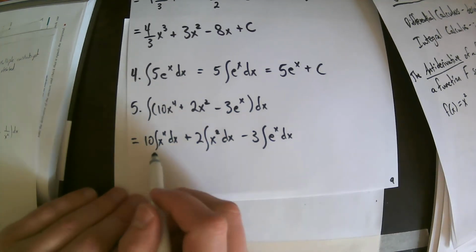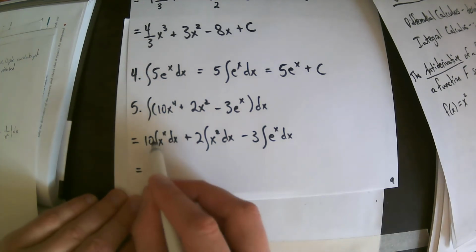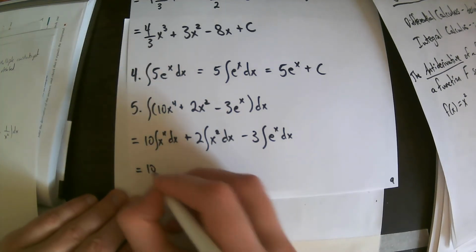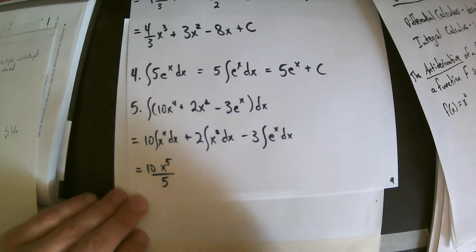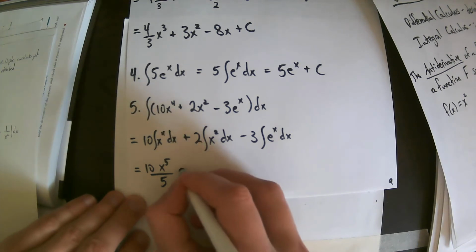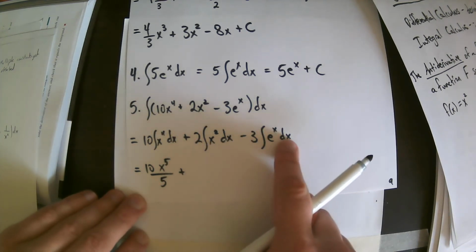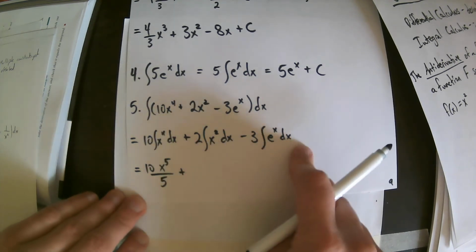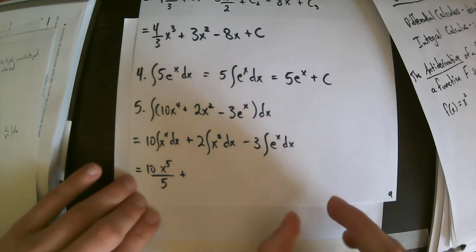Now I'm ready to integrate each one of these. X to the 4th, I'll write my 10, I'll add 1 to the exponent, so x to the 5th, and then divide by that new exponent. Then plus, and by the way, I'm going to write all the constants for these different integrations just at the end as a plus c, absorbing all 3 constants of integration into 1.